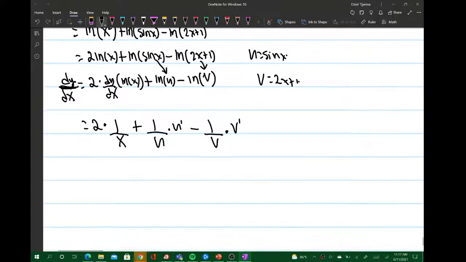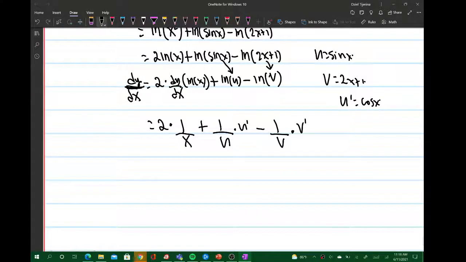If we find u prime and v prime, u prime is going to be cosine x, so we have 2 over x plus u prime over u minus v prime over v.